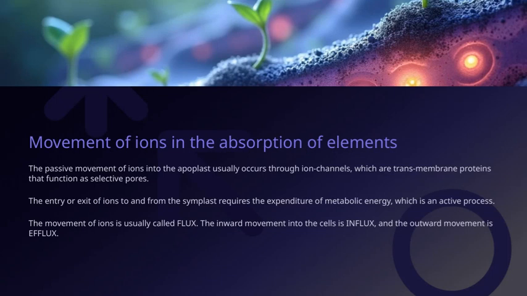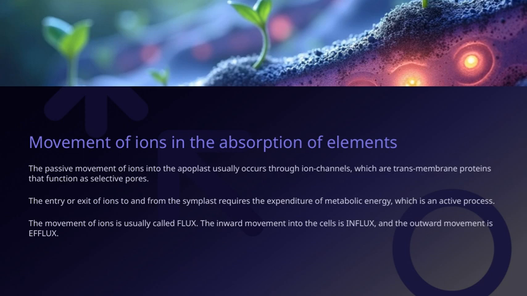Let's talk about how ions move, which we usually refer to as flux. When ions move into the cell, we call that influx, and when they leave the cell, it's efflux. Now, it's important to understand that getting ions in or out of the symplast, the network of living cells, requires energy. This is what we call an active process, meaning it consumes metabolic energy to happen.